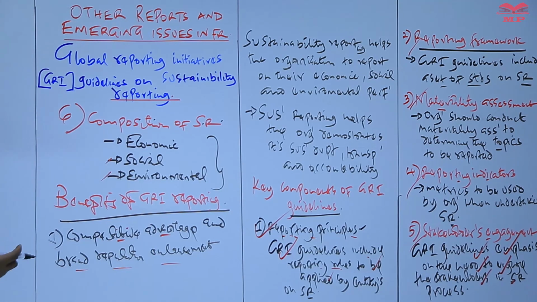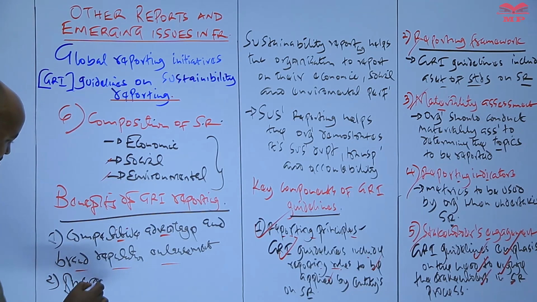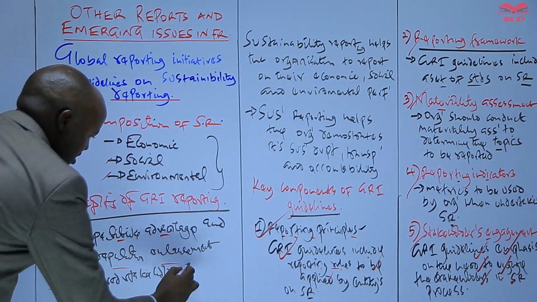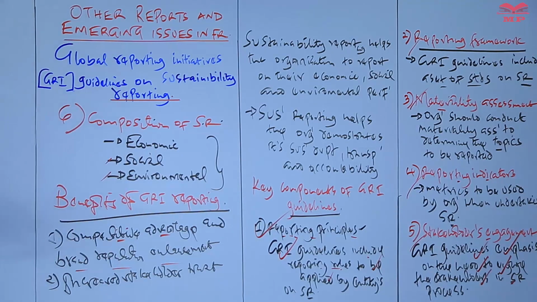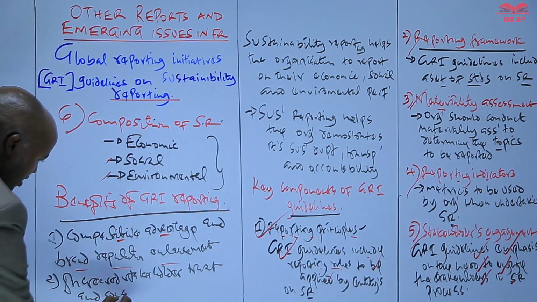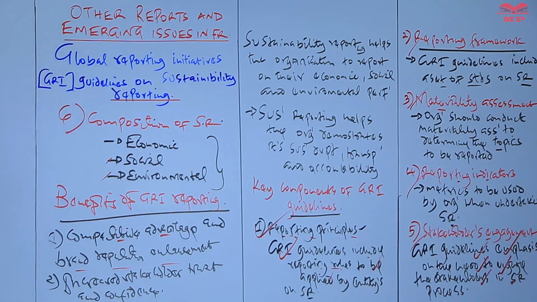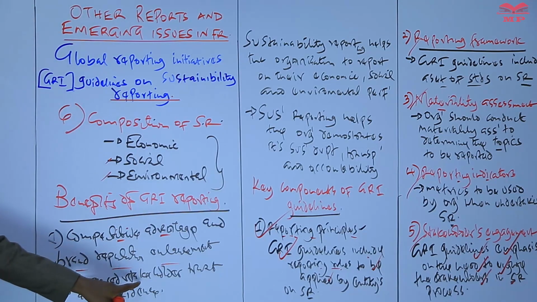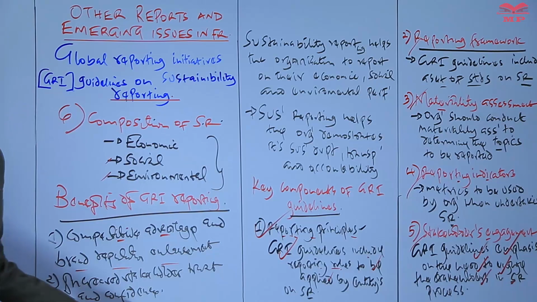Number two is that Global Reporting Initiative, or GRI reporting, increases the stakeholders' trust and confidence in the organization. So we can talk of increased stakeholders trust and confidence. It means that the stakeholders' confidence and trust in the organization will be enhanced, because here the organization is very transparent.